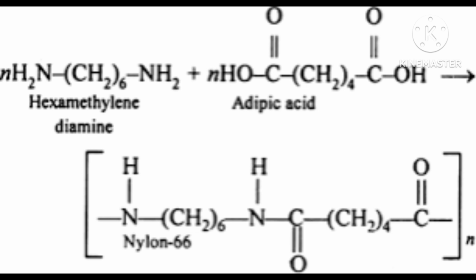Then carbon will become positive, and H from the COOH will go as H plus. Then oxygen will get negative. Then this negative oxygen and positive carbon both will join, and whatever product you get, its name is terylene or dacron.